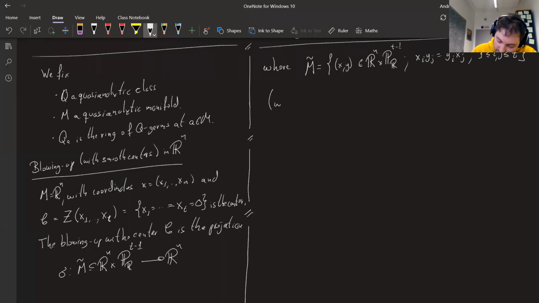And maybe I should say here that the y's are coordinates of this projective space.